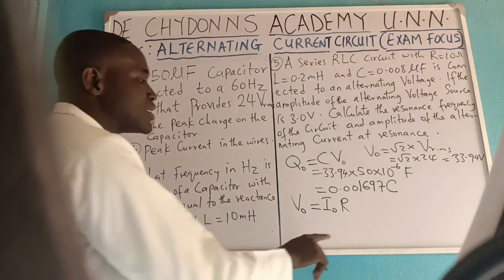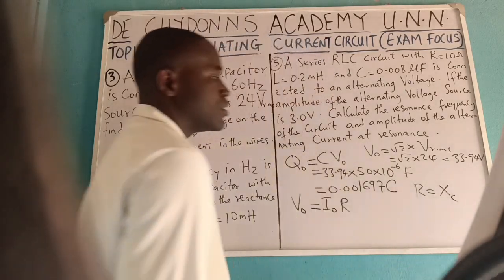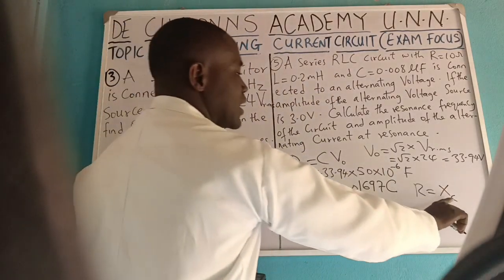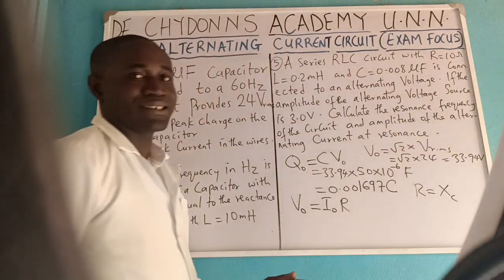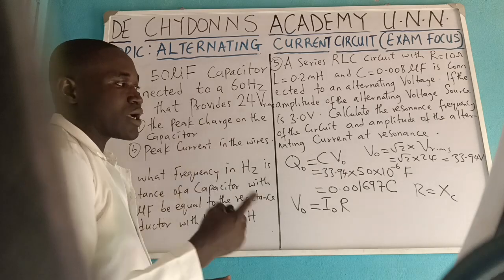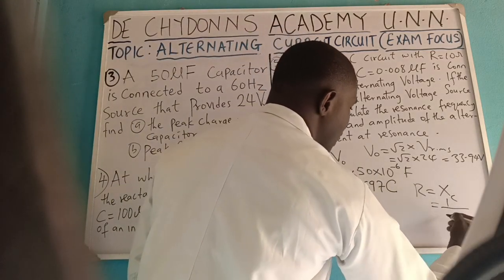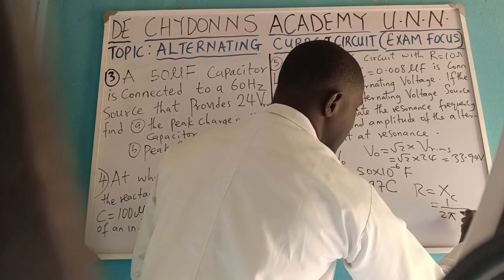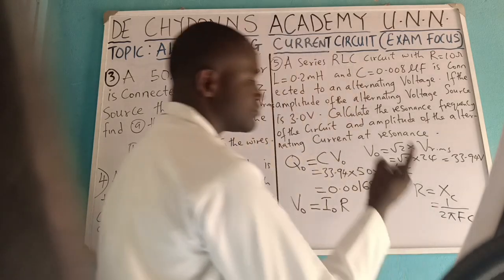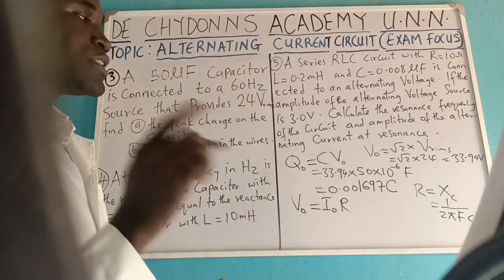So that means our R will be equal to XC, the capacitive reactance. Yes, because it is a capacitor that they talk about here. So capacitive reactance will be our R, and it's equal to 1 over 2 pi FC.